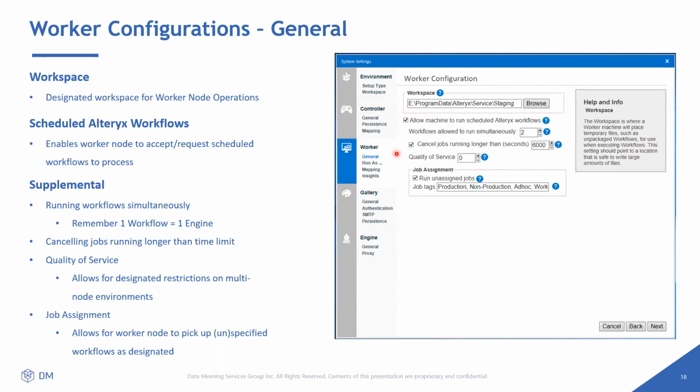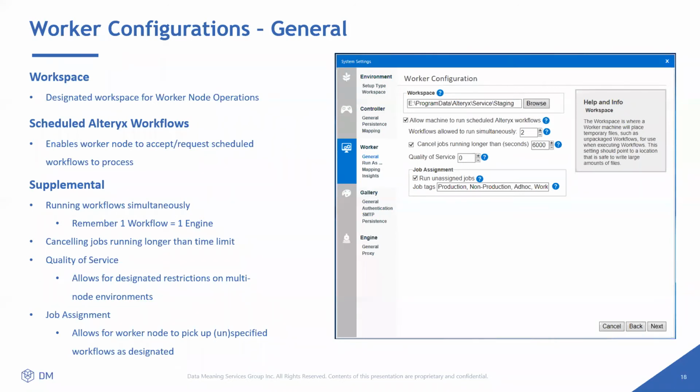The next segments here are all going to be tied to a little bit of that fine tuning. So if you remember when I talked about scaling in our last session, you can keep putting multiple engines within your Alteryx worker. But the more and more you add, the more and more they're going to compete for resources.